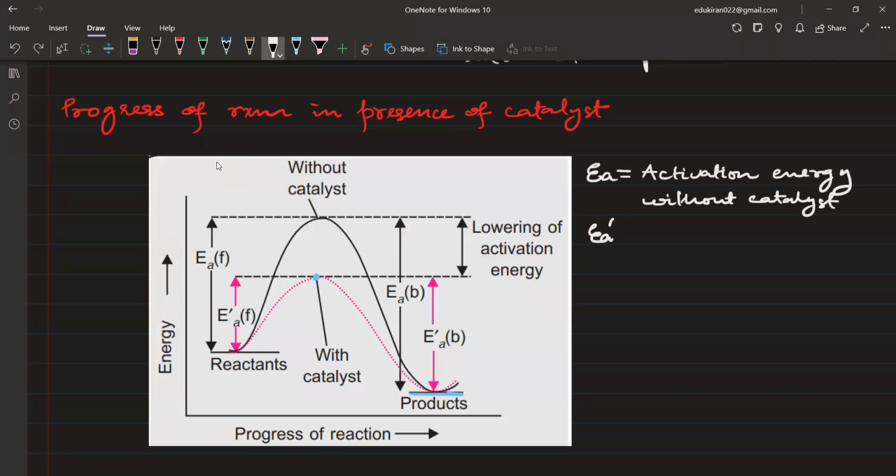This is the activation energy with catalyst. Okay, what else? The other things I don't think you need to worry so much about. The important thing is that the catalyst lowers the activation energy.